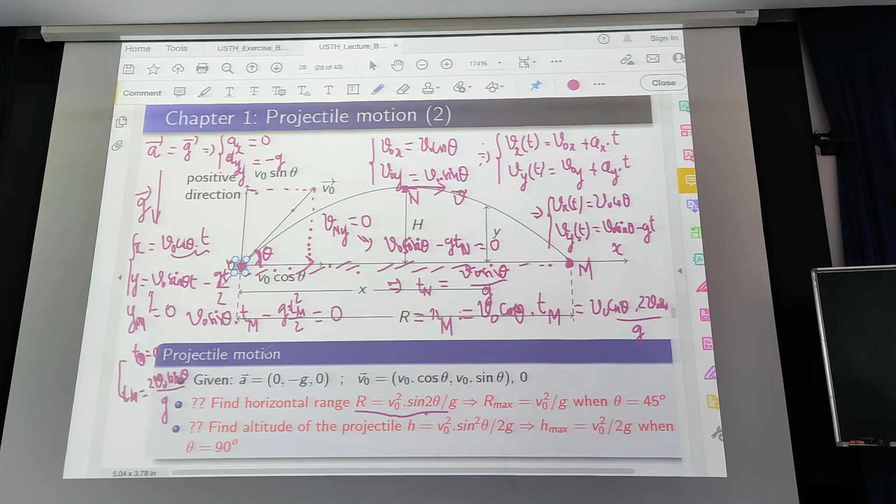So the amplitude equals the y component at n. So you have this equation to determine y here, equal to V0 sine theta multiplied by t n minus g t n squared over 2, and then you have t n from this formula.